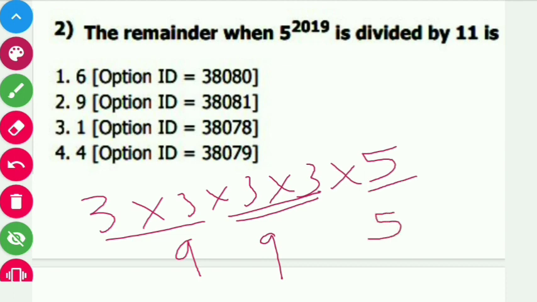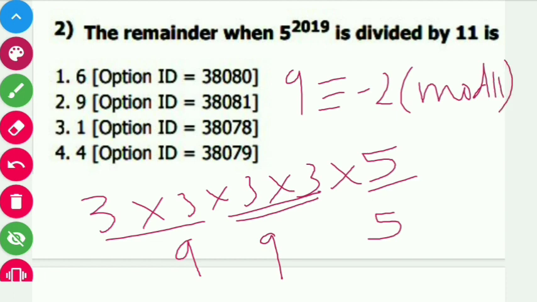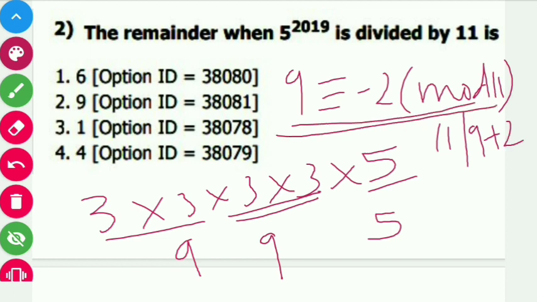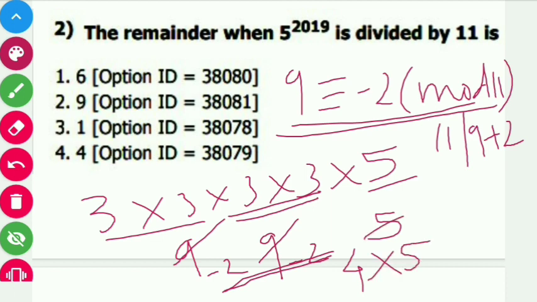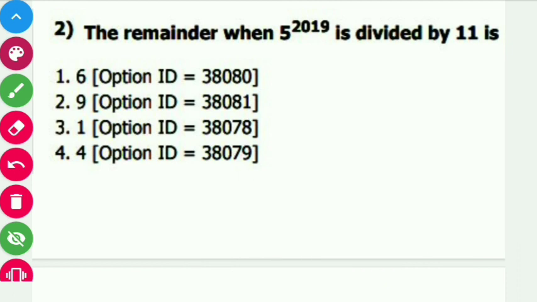Now just note that 9 is congruent to minus 2 mod 11, because 11 divides 9 plus 2. So this 9 is the same as minus 2. Now minus 2 into minus 2 is 4, and this 5. So 5 into 4 is 20, and now reduce this 20 modulo 11.